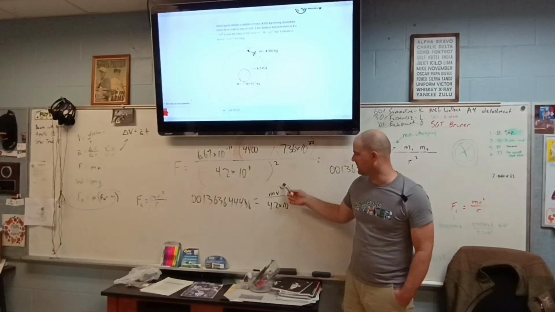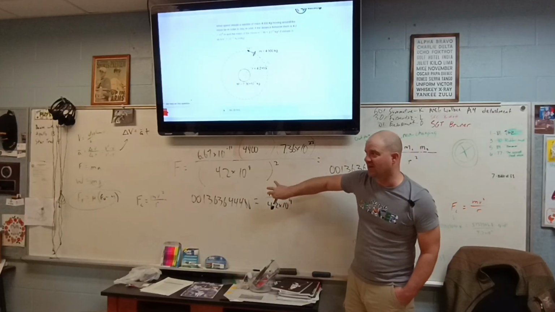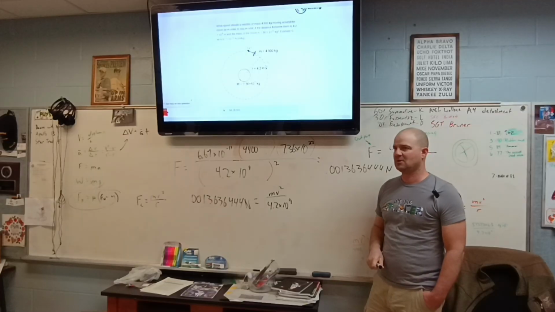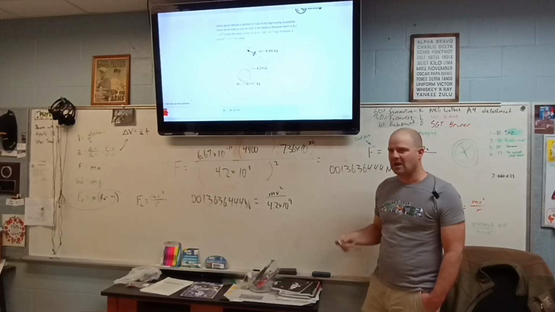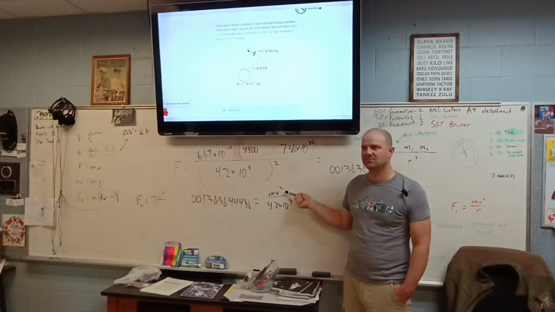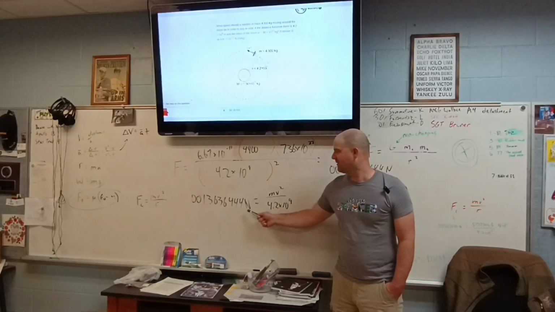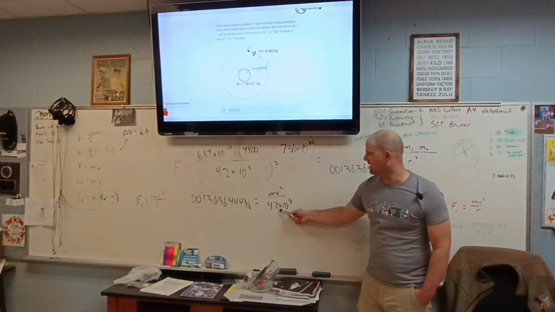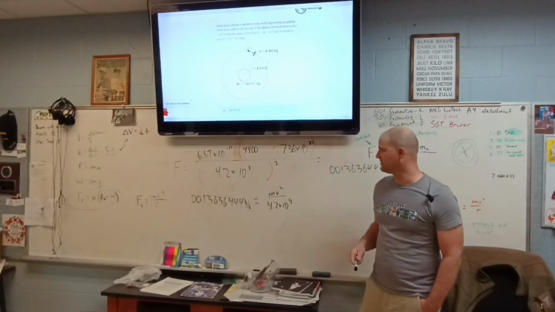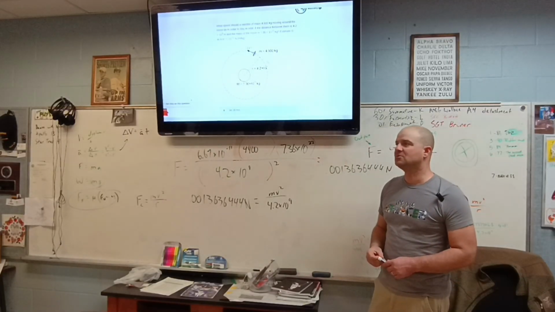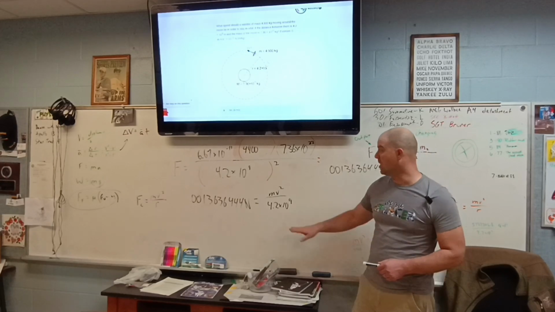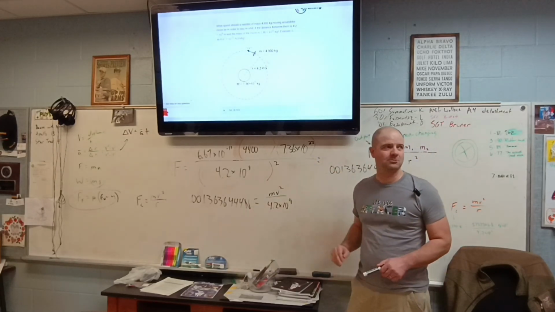We can solve for the product of these two multiplied by each other. So we're going to do that first. How do we solve for this numerator? Perfect. We multiply the denominator here by the force. So go ahead and do that. It's just straight multiplication.